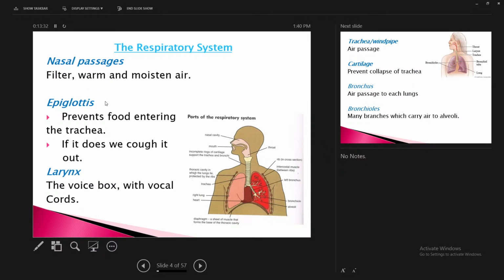Now, as for the concept of a human being taking air into the body, we actually have two places that take in air: one, the nasal passages, and two, the mouth. There is an advantage and disadvantage.